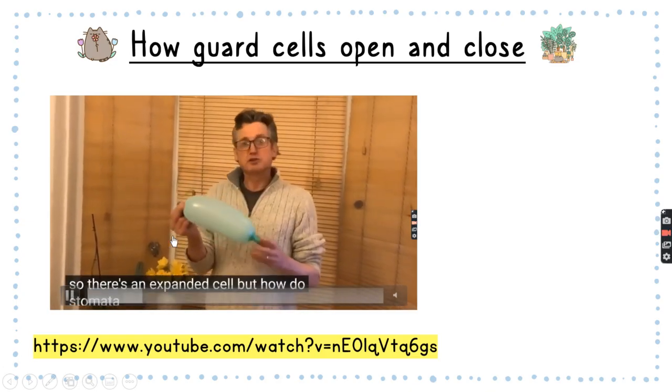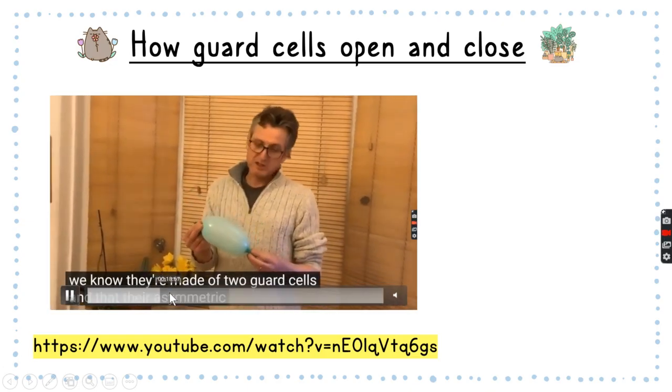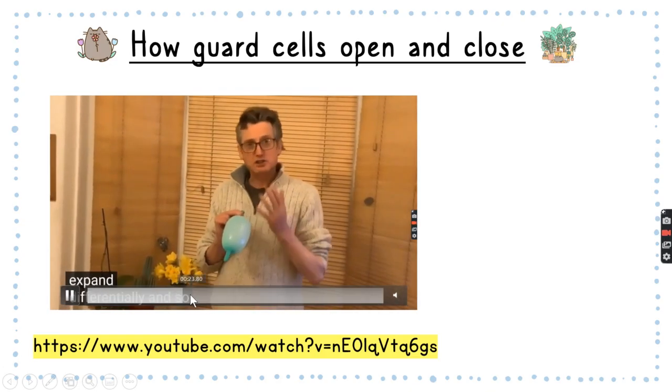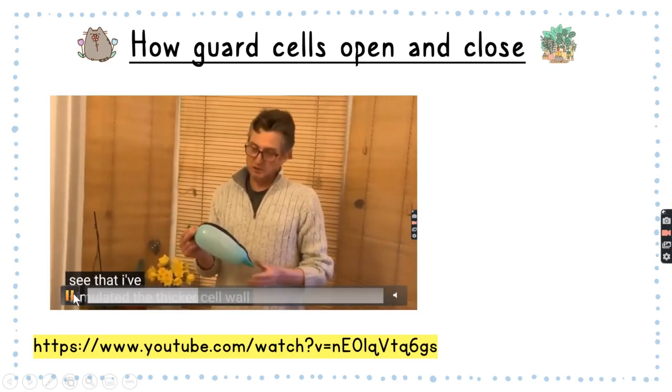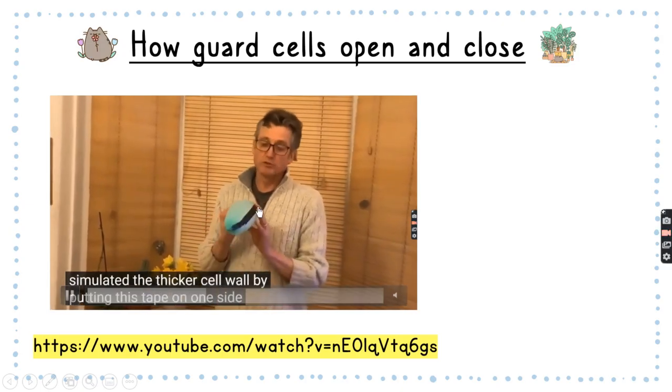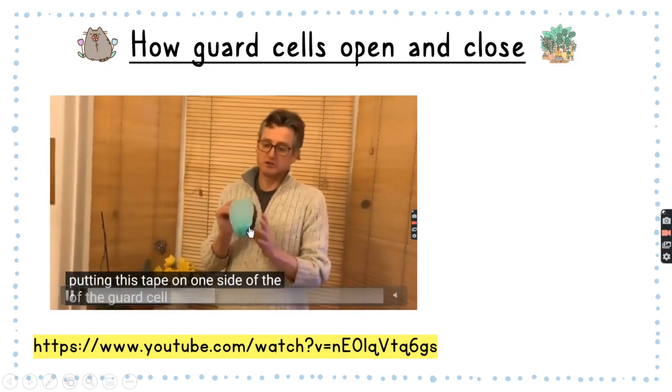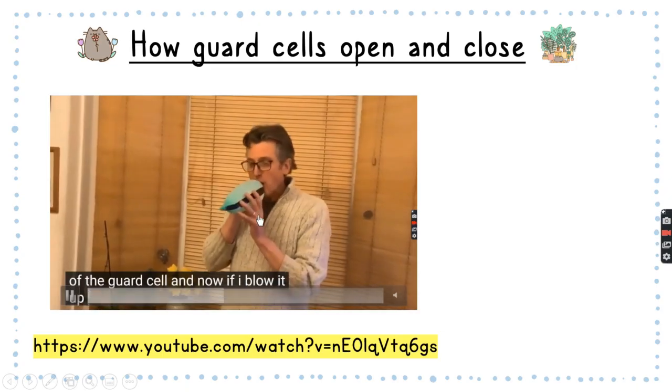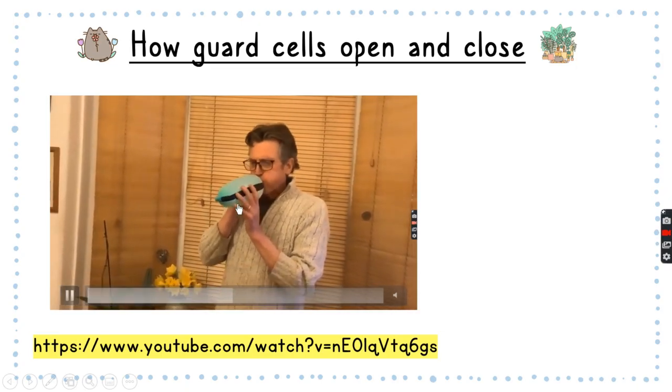What he's going to do is add some tape right here. When he adds the tape, this represents the thicker cellulose cell wall on one side of the guard cell. Let's see when he makes the balloon more swollen.